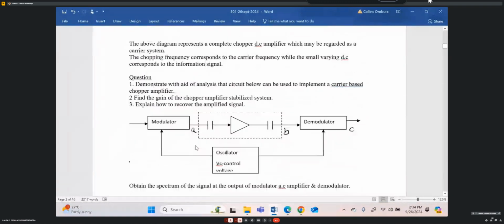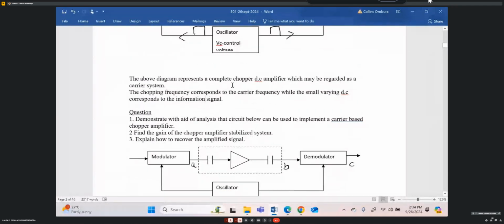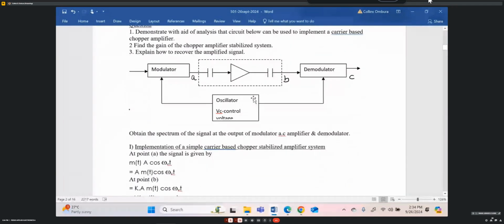Now in a carrier-based system, it's just identical to the typical block diagram on top, which we studied before. In the carrier-based system, your oscillator is normally a sinusoidal oscillator. And the modulator we are going to use is a multiplier. So the modulator over here is just a DSB multiplier.